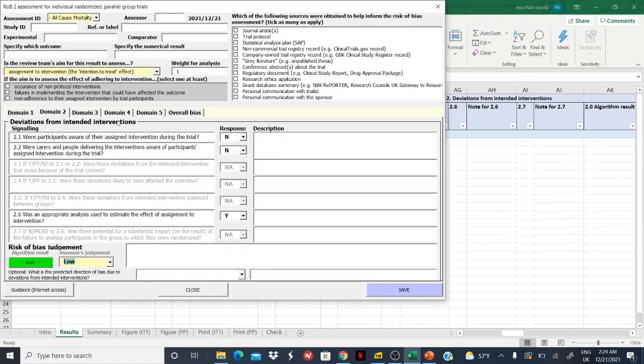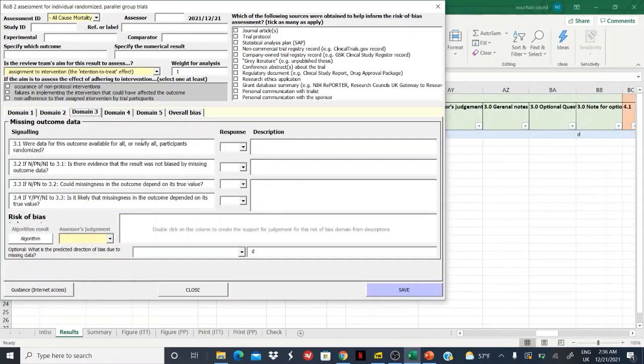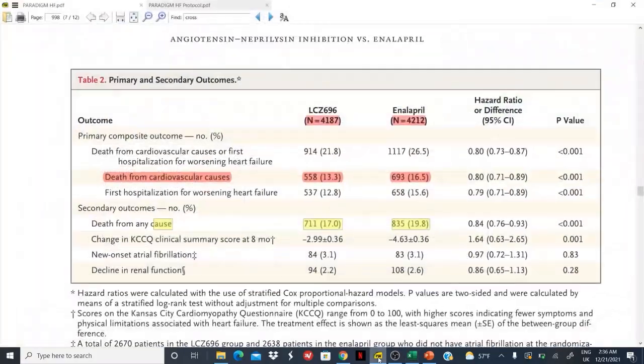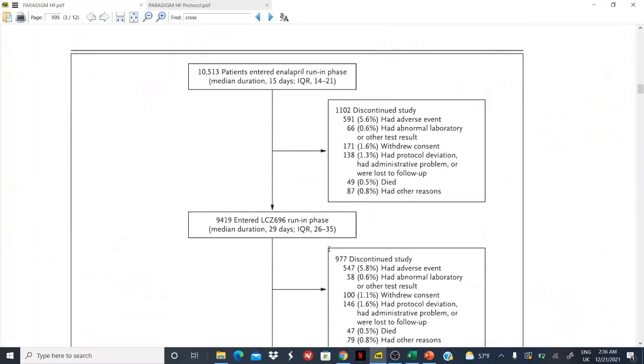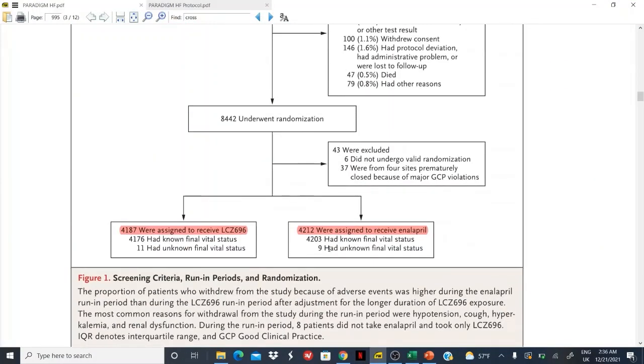That's the domain that's most time consuming most of the time. Now the next domain, which is thankfully much easier and more straightforward to answer, is the missing outcome data domain. The first question in this domain is, was there outcome data available for all or nearly all participants randomized in the trial? To answer this question, we're going to go over to the trial PDF, and take a look at figure 1, which generally shows the patient flow across the trial.